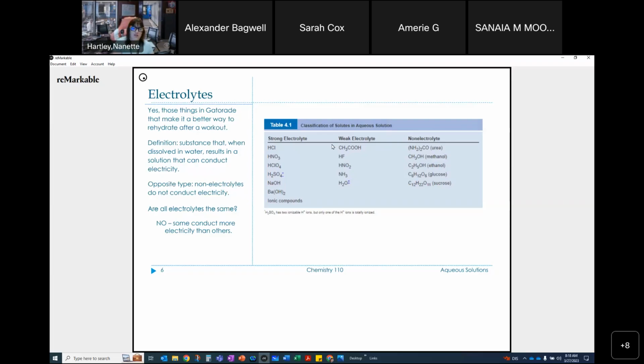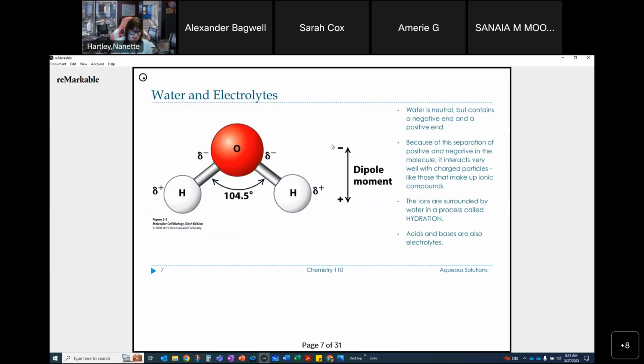Okay. And one of the reasons that things come apart is because of this weird structure for water. And I'm going to say this because water is a very weird material compared to almost everything else. So it's neutral. It is. But if I draw this structure of water, I have this big O, takes up a lot more space, two little hydrogens that are out on the ends.